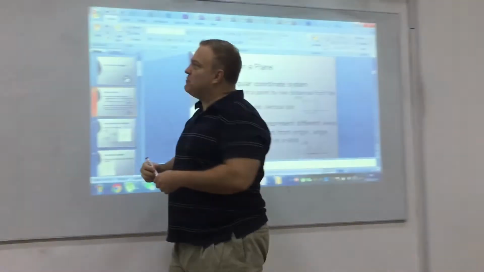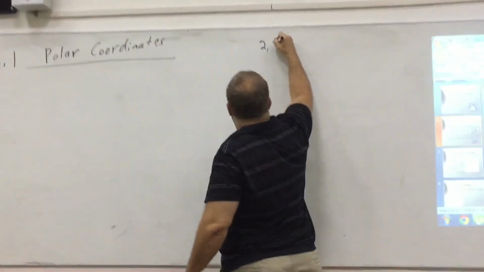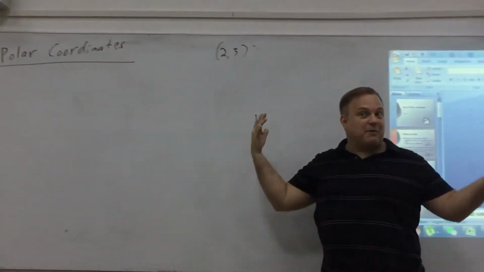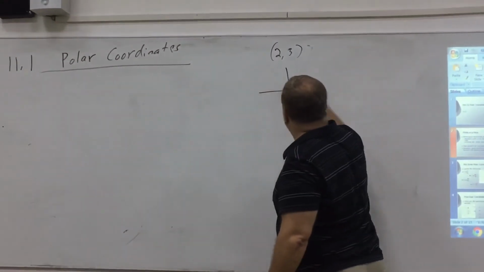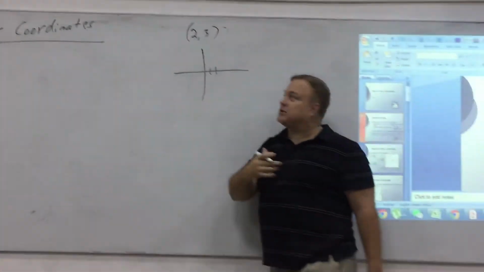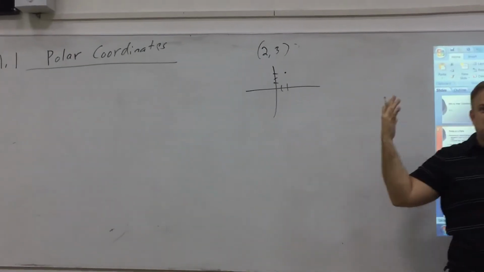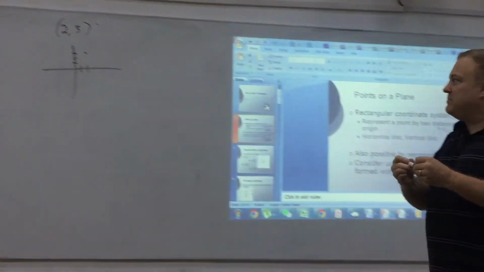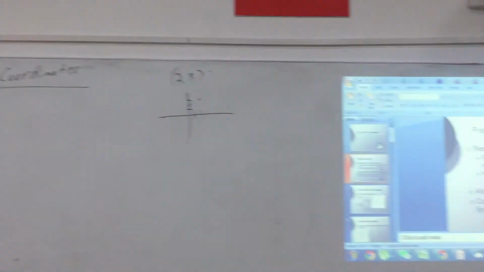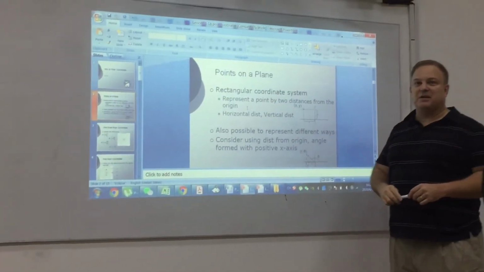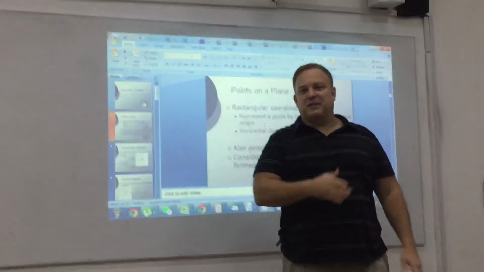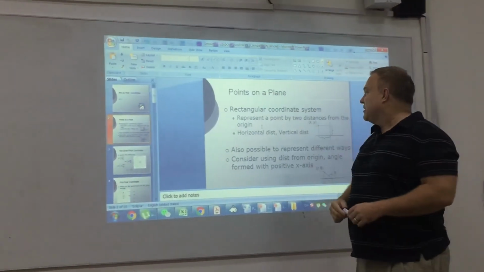If I were to give you a point, let's say 2, 3, you just go 2 units to the right and 3 units up, and there's your point. The same coordinate system that you've been using for years is called the rectangular coordinate system, rectangular basically meaning left, right, up, down.